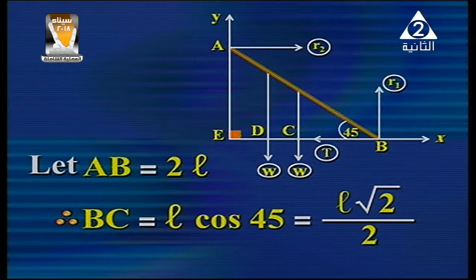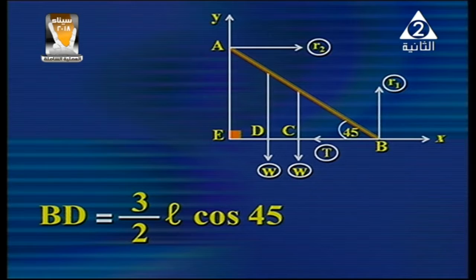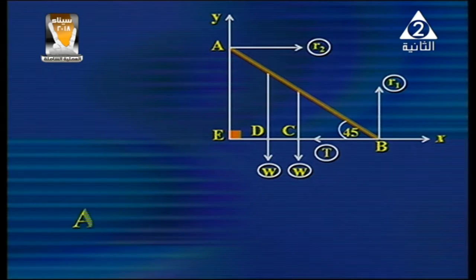Looking at AB equal to L, the midpoint is at C, so BC is half of AB, and BC equals L root 2 over 2. Then BD is 3 over 2 times L cosine 45, because the length is 3 over 2 L, which equals 3 root 2 over 4 L.